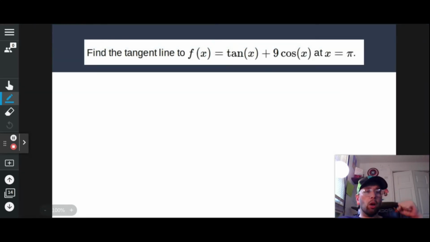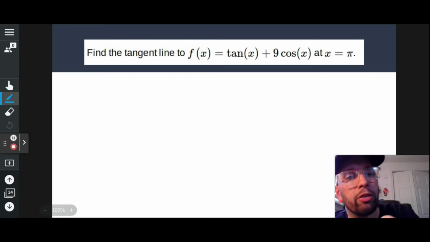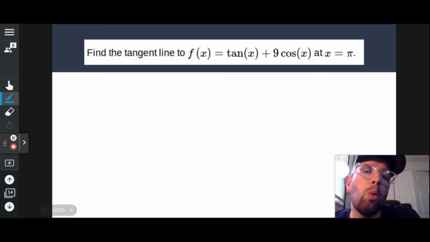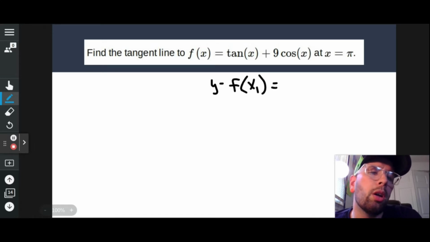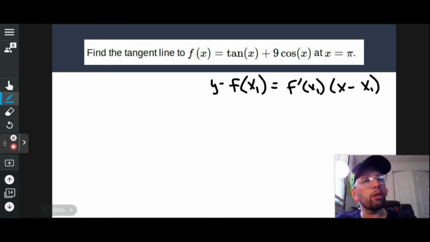Another tangent line, gross. Find the tangent line to f of x equals tangent x plus 9 cos x at x equals pi. Well, let's remind ourselves: y minus f of x sub 1 equals f prime of x sub 1, x minus x sub 1. There's my x sub 1.